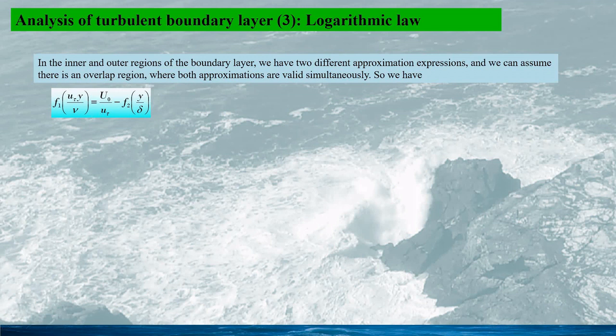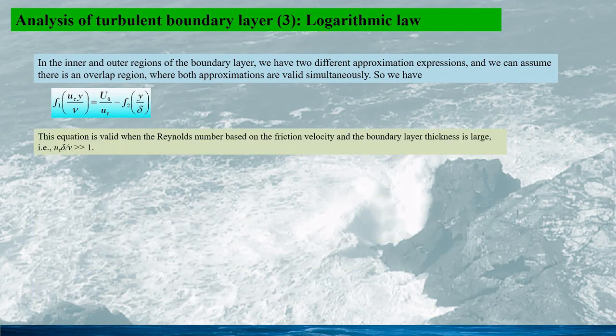This assumption has been proven very useful for solving the boundary layer problem. It is generally assumed that the Reynolds number based on the friction velocity and the boundary layer thickness delta is significantly larger than unity, given by this.